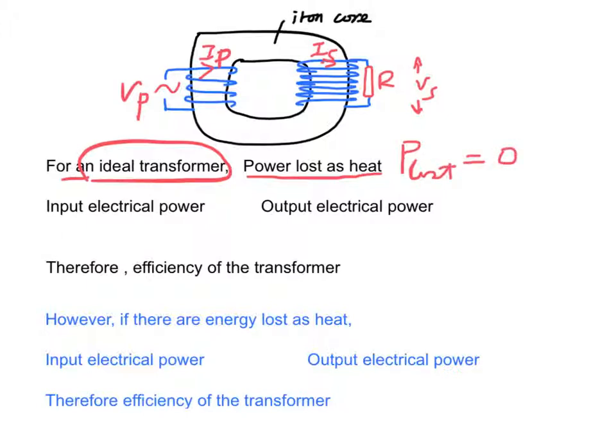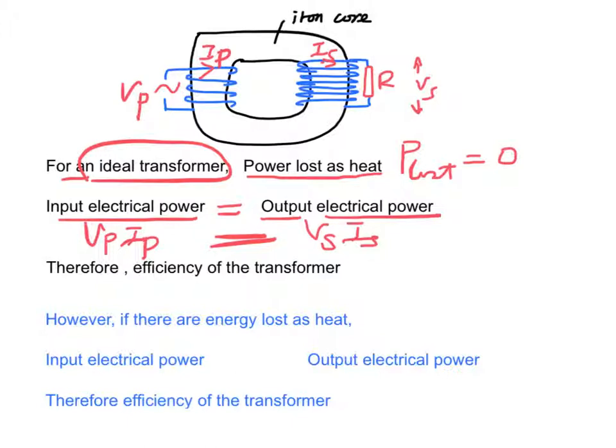Therefore, the input electrical power VpIp would be equal to the output electrical power VsIs. In this case, the efficiency of an ideal transformer would be equal to 100%, or we say equal to 1.